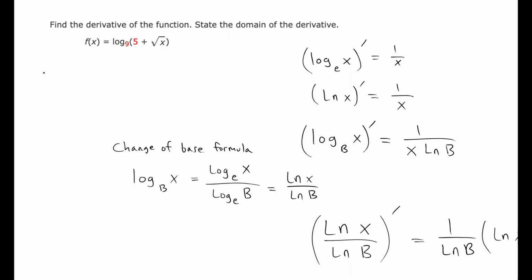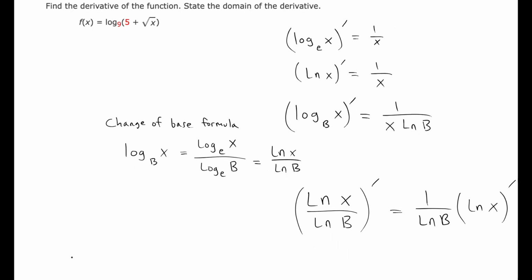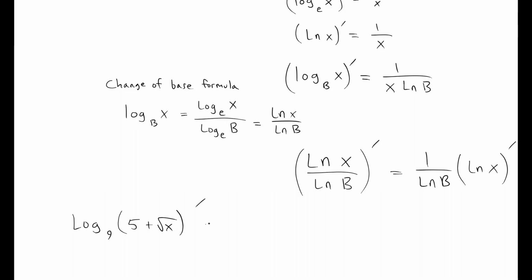Let's see, we'll take a derivative. First of all, we have to acknowledge that there is a chain rule that's going to happen here. It's not just log 9 of x. If it was just log 9 of x, then its derivative would just be 1 over x ln 9.